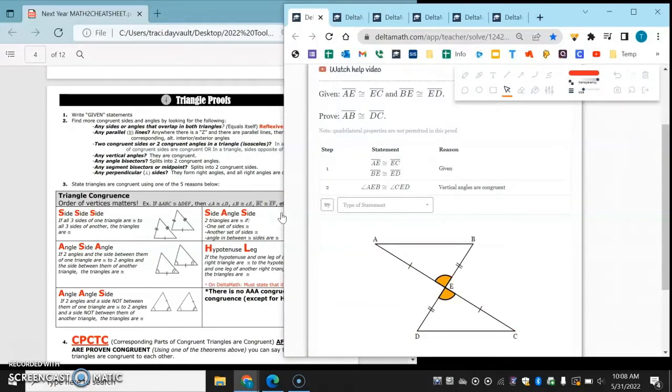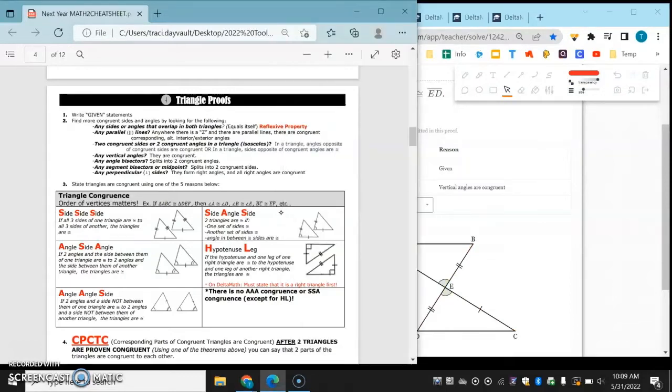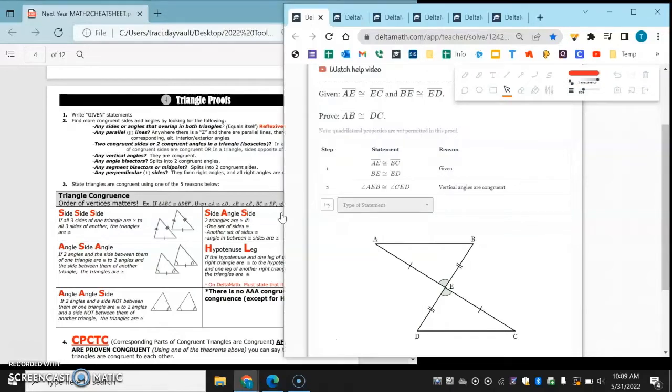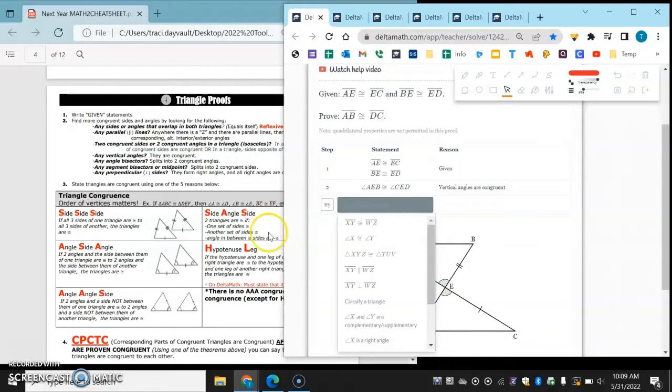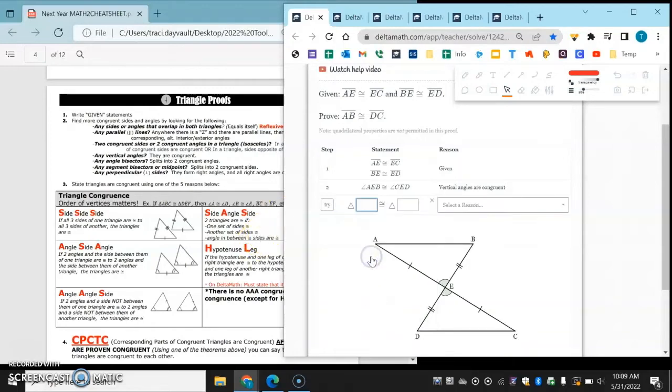So now I have 2 sides and an angle. Then, do we have enough information to say that these 2 triangles are congruent? Yes, we have 2 sides and an angle. The angle is in between those 2 sides, so we can use side, angle, side. So I'm going to put that these 2 triangles are congruent. Remember, the order of the vertices matters when you are naming the triangles congruent.